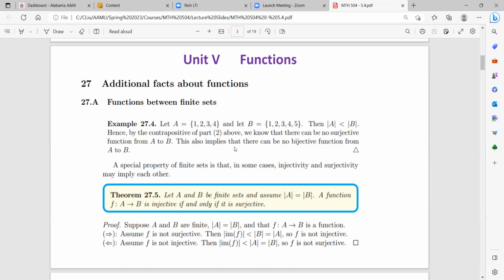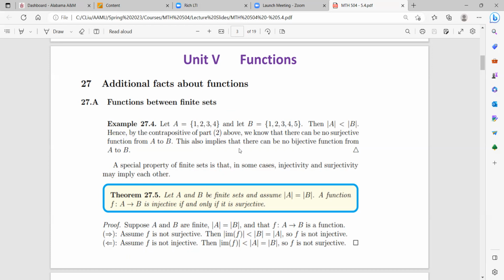So that's impossible. So obviously there can be no bijection from A to B. If there's no surjection from A to B, then of course there's no bijection from A to B. All right.